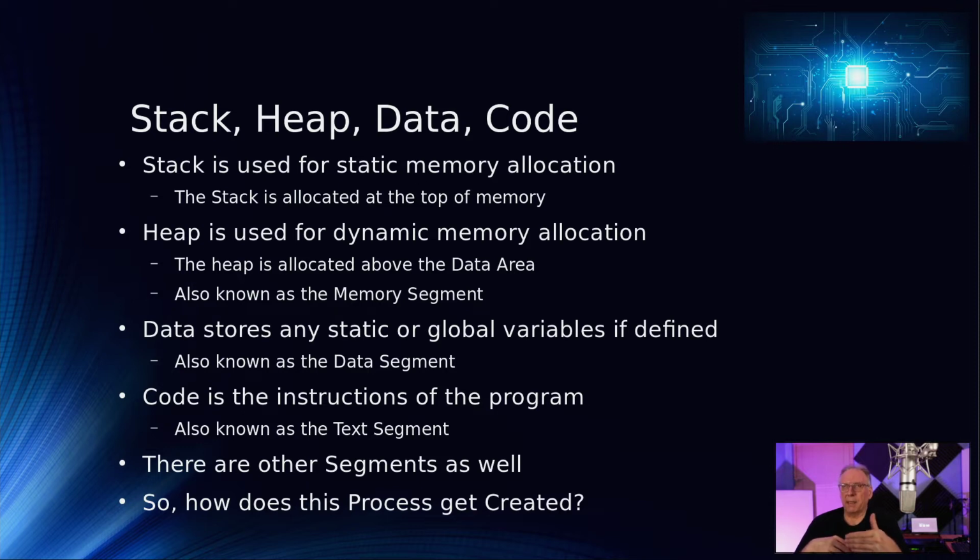Data stores any static or global variables if those are defined. There's also another area called the BSS, which is used for uninitialized static variables, but it's just really another type of the data segment. Code is the instructions of the program. Like I said, there's other segments as well.